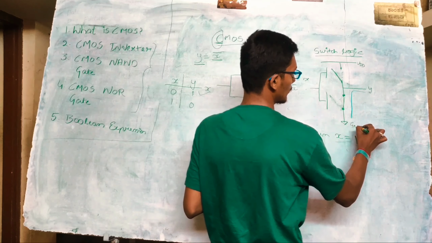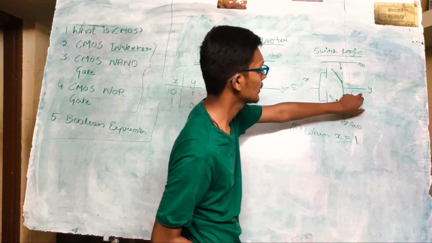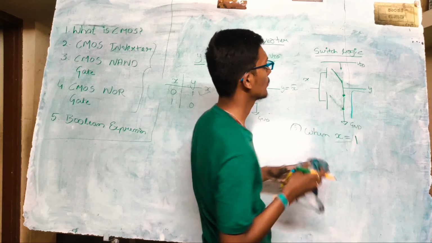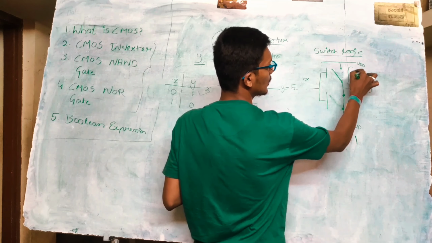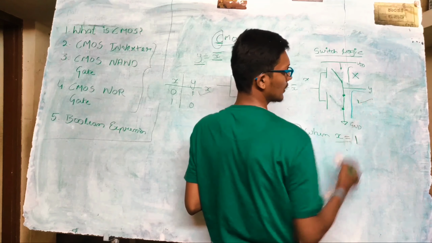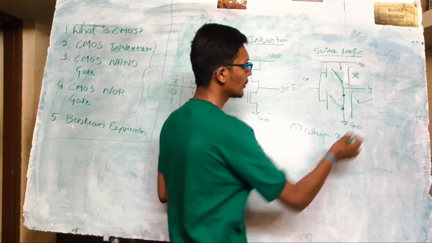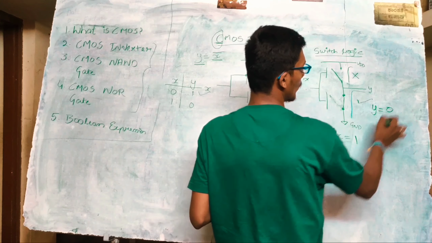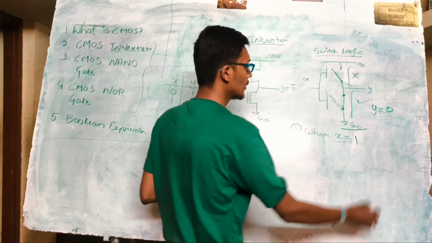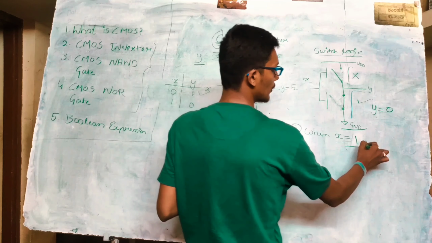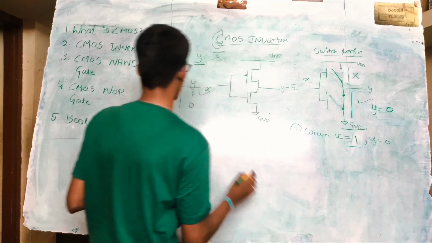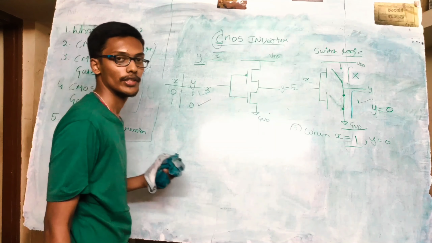This path is open and this path is completed. What will be my Y? Y is equal to 0 as ground is at 0 potential. So when X is equal to 1, we have Y is equal to 0. Hence this part of the truth table is verified.